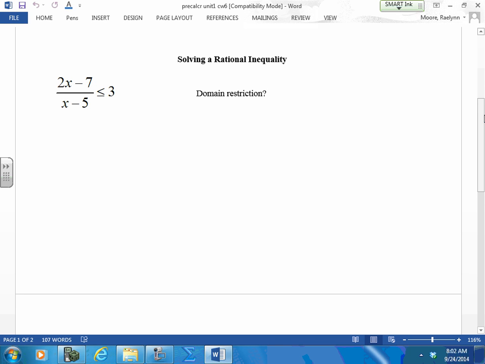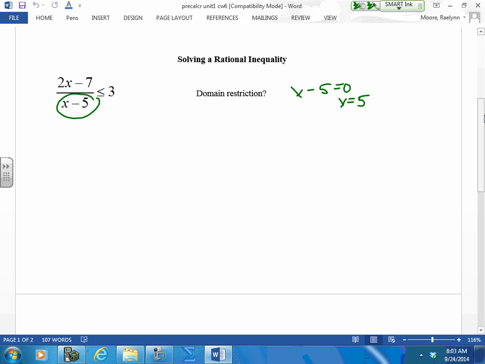So before we begin, let's look at a domain restriction. Is there any x value that I'm not going to be able to use in this domain? 5. And you got that because you said x minus 5 equals 0. So when x is 5, that's not going to work.